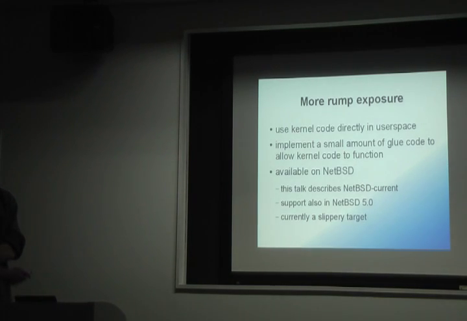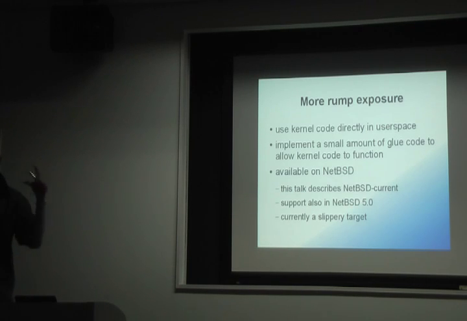Oh yeah, so what I already just about mentioned, we can use kernel code directly in Userspace, and we have to implement a small amount of glue code to allow the kernel to function. For example, in the kernel, when you allocate memory, you ask for a page from the VM subsystem, and of course on top of that you have your kernel memory allocator.